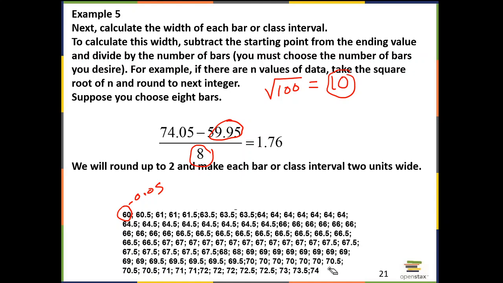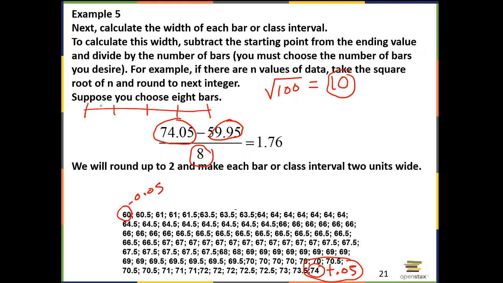If you use 8, then the smallest number is 60 minus 0.05, which is 59.95. And the biggest number is 74, so we take 74 plus 0.05, remembering that we don't want any number to fall on the boundaries. That number, 74.05, minus 59.95 is the distance that we want to divide into 8 parts.